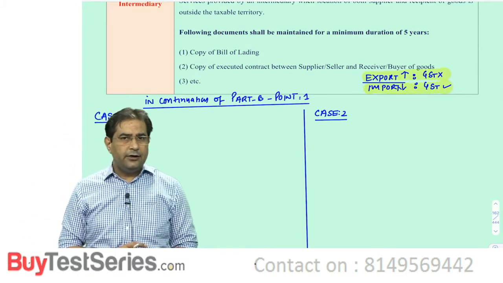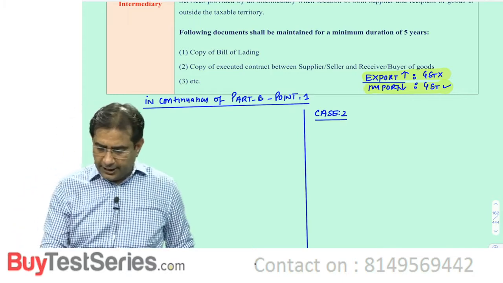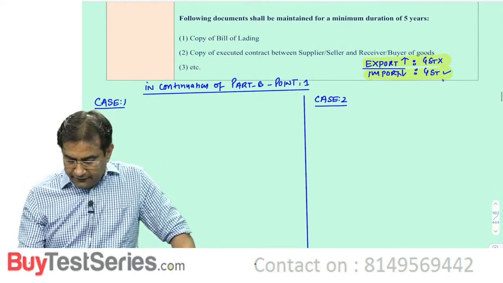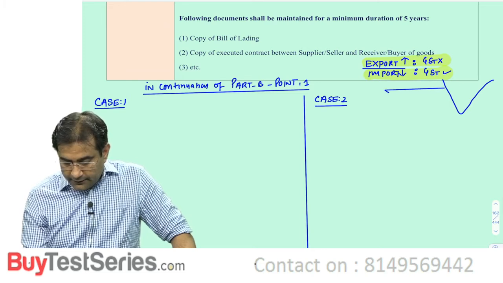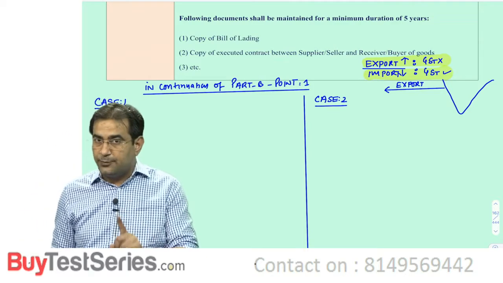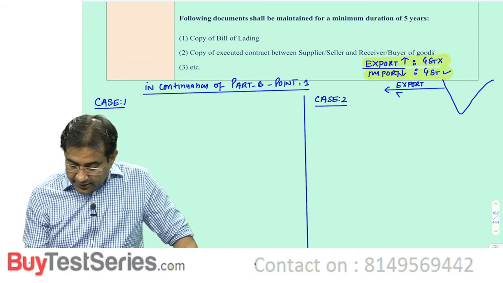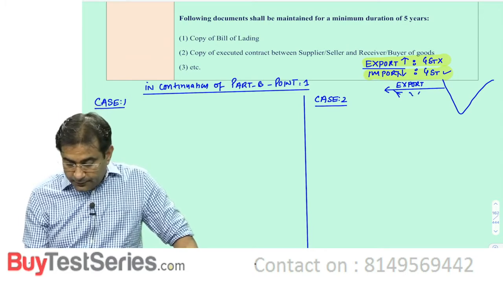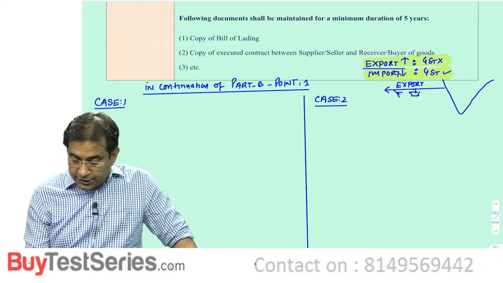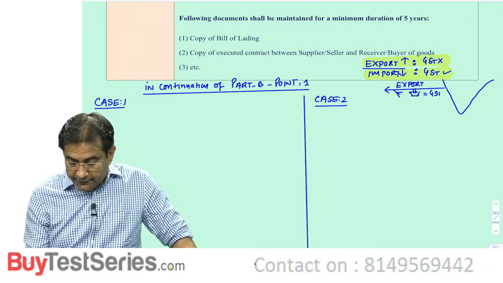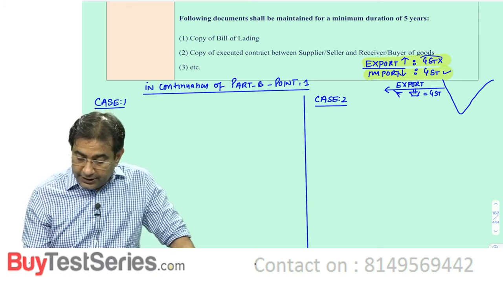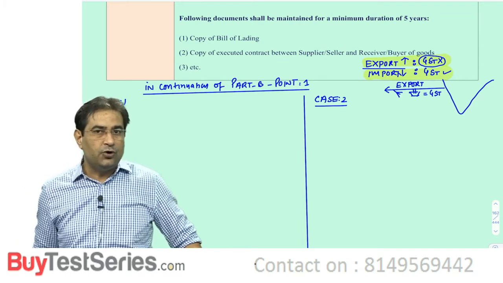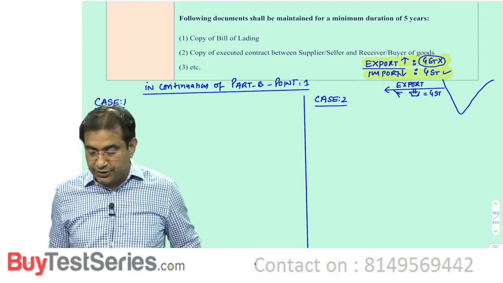And one of the important things which I would like to discuss with you: in case of export of goods, we have seen that whether we are exporting by air or by vessel, in both situations no GST was levied, just because our prime objective is to increase the export so that export cost is not increased. That's why government is doing so.